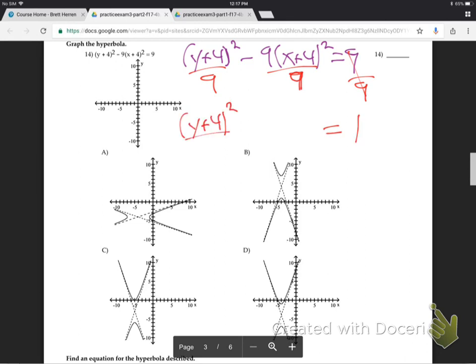So we get y plus 4 squared over 3 squared minus x plus 4 squared over 1 squared. I'll make that 1 squared down below to give it the right look so we know how to graph. Is that good to there? Now there's no E. So it's just A, B, C, D.